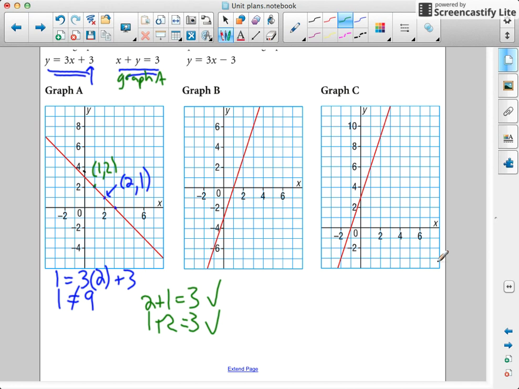Okay, so now I can move on to graph B. For graph B, I'm going to choose this value right here, and that is 2, 3.